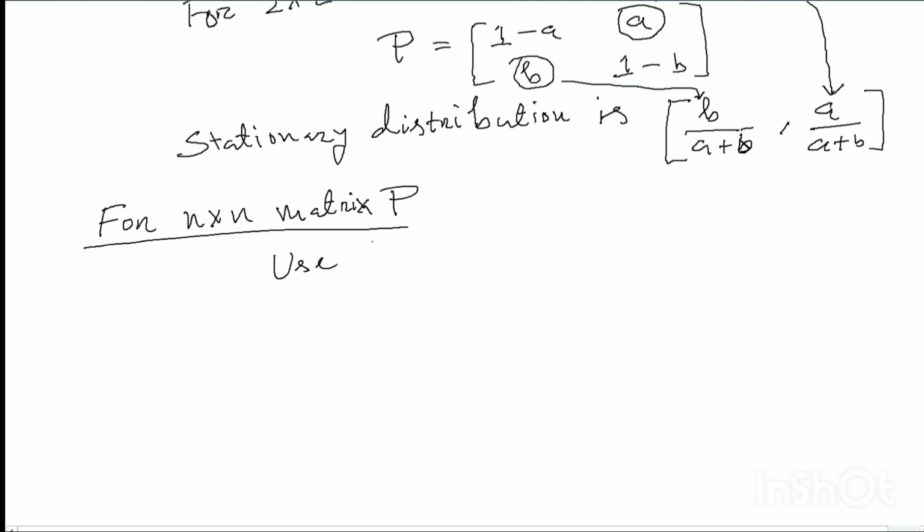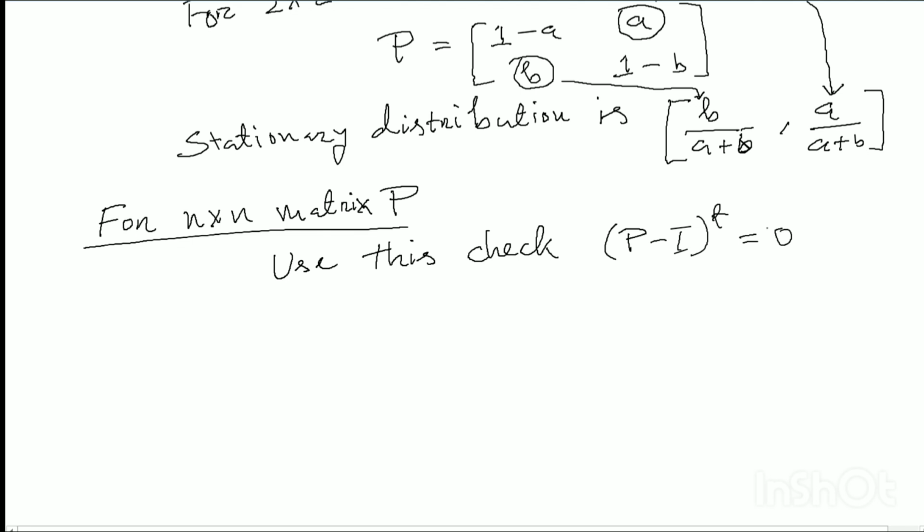For an n cross n matrix P, use this check: (P minus I) transpose equals 0.